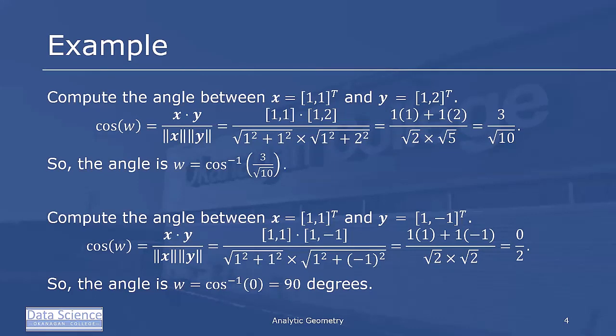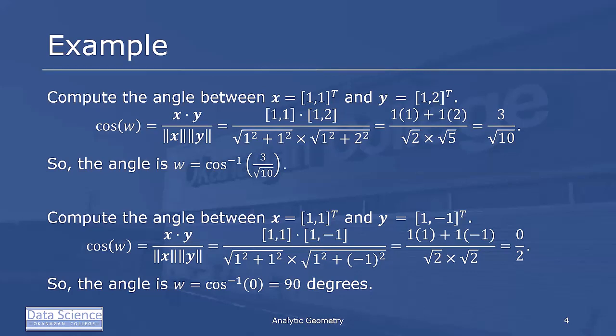So we end up with 1 plus 2 is 3 in the numerator, root 2 times root 5, which is root 10, in the denominator. And so cosine w is going to be 3 over root 10. Taking inverse cosines on both sides, we get that w is equal to cosine inverse of 3 over root 10.